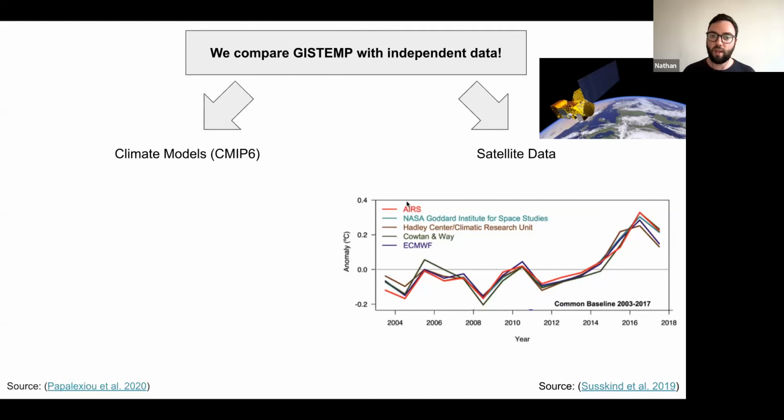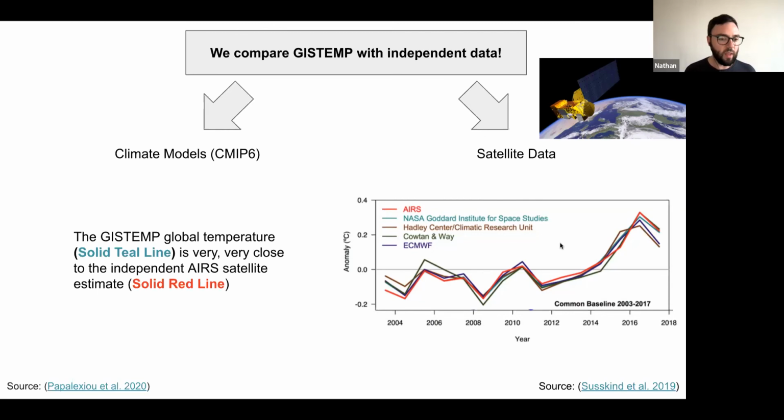And so red is the satellite here, and the rest of these are thermometer-based calculations. And we see that their variations are very similar, if not indistinguishable. We see that even the very small scale fluctuations, like those shown in the 2006 to 2008 period, are captured with the AIRS instrument.